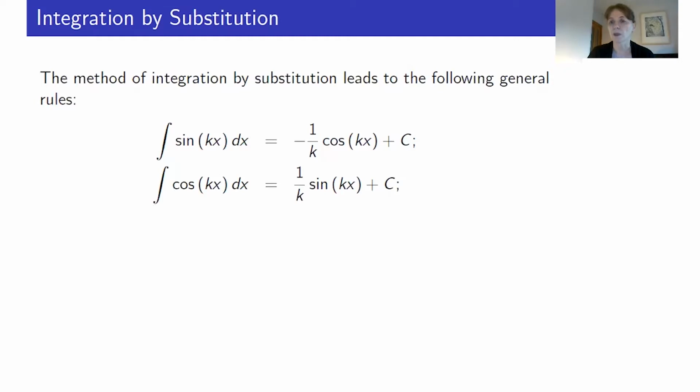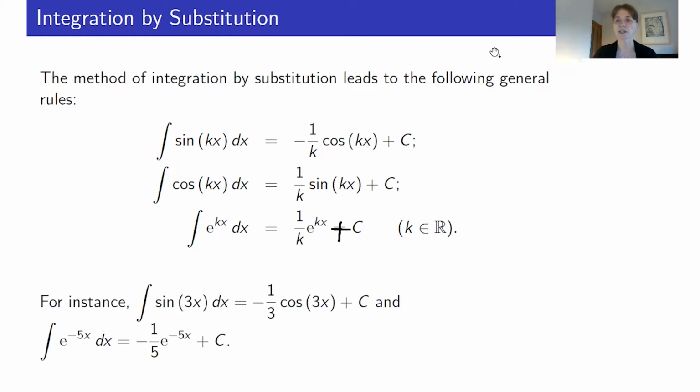And you can show these just using the method of substitution by letting u equal the inner function kx each time. Similarly, the integral of the exponential of kx dx is given by 1 over k times e to the kx. And we have seen examples like this earlier.